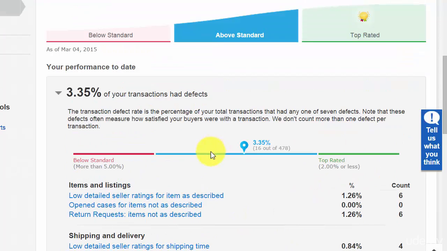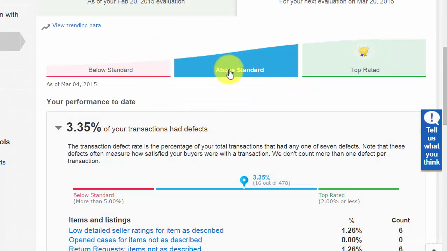So all this tallied up gives you the overall score of your transactions that had defects. Depending on how high this number is, it will qualify you for one of 3 ranks that eBay has: below standard, above standard, and top rated. If you don't do your job right, you can get bad scores, bad counts and bad reviews.